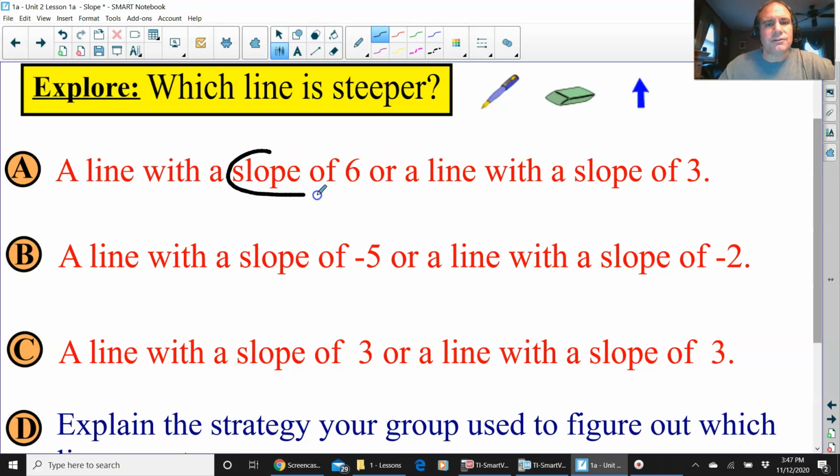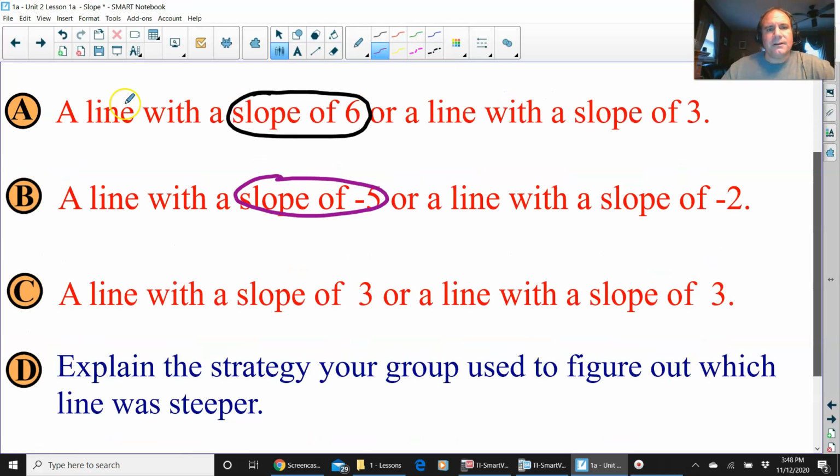A line with a slope of 6 is further away from 0, so that is steeper. Go ahead, answer B, C, and D, and then we'll come back and review. All right, so a line with a slope of -5 is steeper than a line with a slope of -2. Remember, -5 is further away from 0, so we are saying that is steeper.